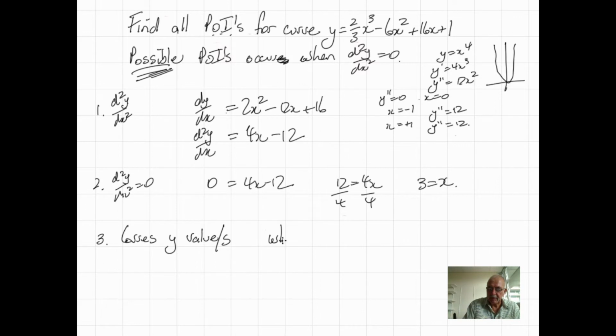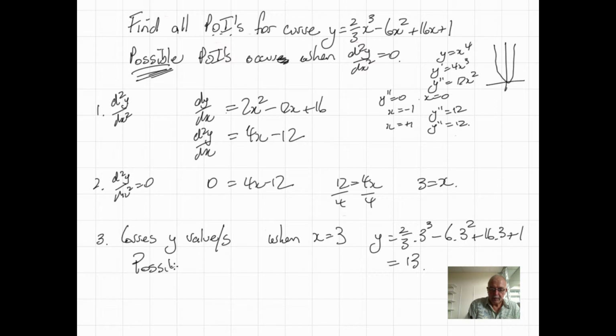So when x equals 3, y is equal to 2/3 times 3 cubed minus 6 times 3 squared plus 16 times 3 plus 1, and that should work out to be 13. So possible POI at (3,13).